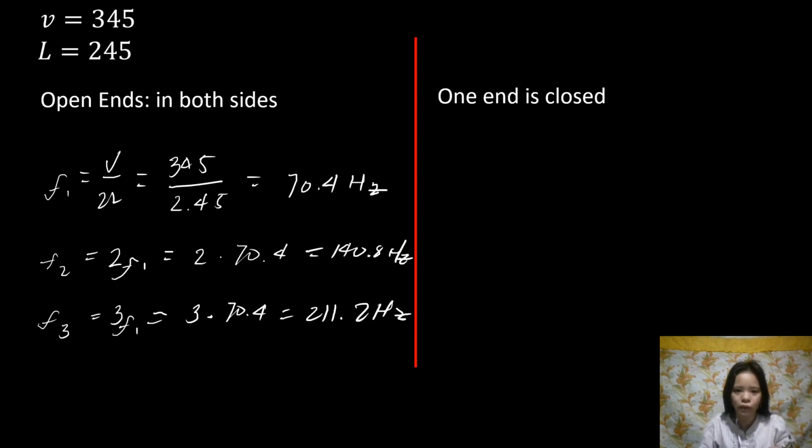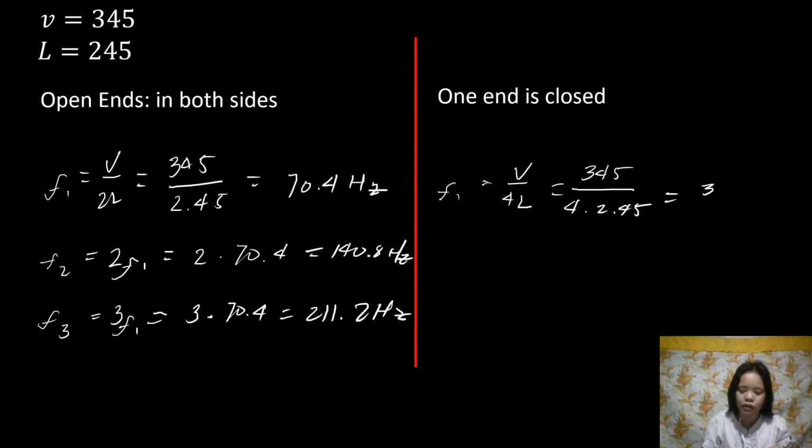And for the closed one, we are going to find it using our formula. F1 is equal to v over 4L, which is 345 over 4 times 2.45. The answer is 35.2.